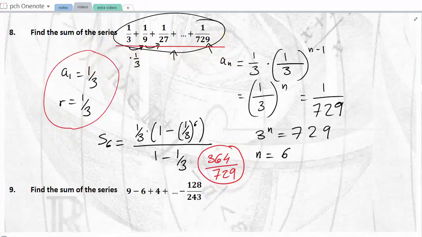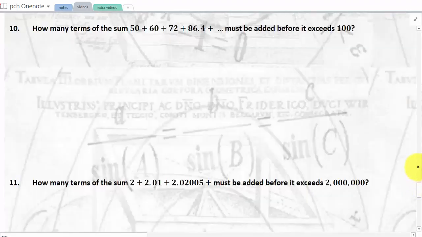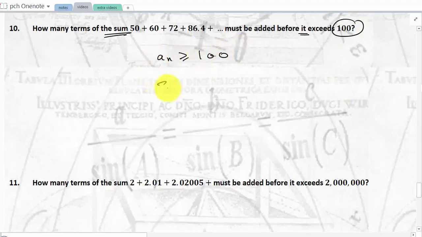Let's go over the last example now. So in the last example, I'm adding terms of a geometric sequence, and I want to know how many I must add before the sum exceeds 100. So in this case, it is not the term that I want to be over 100, it is the sum that I want to be over 100.